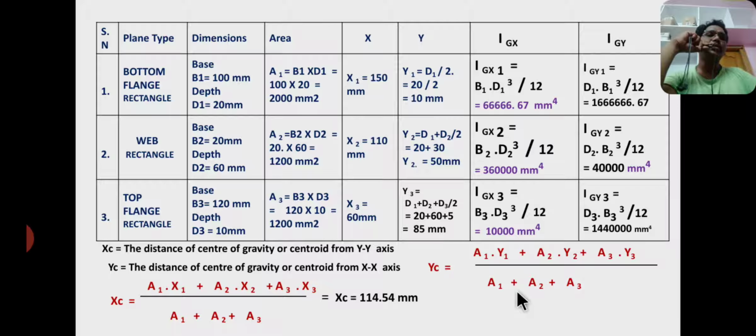Similarly yc equals a1 y1 plus a2 y2 plus a3 y3 by a1 plus a2 plus a3, and the answer is 41.36 mm. Here xc, yc are the coordinates of the centroid.